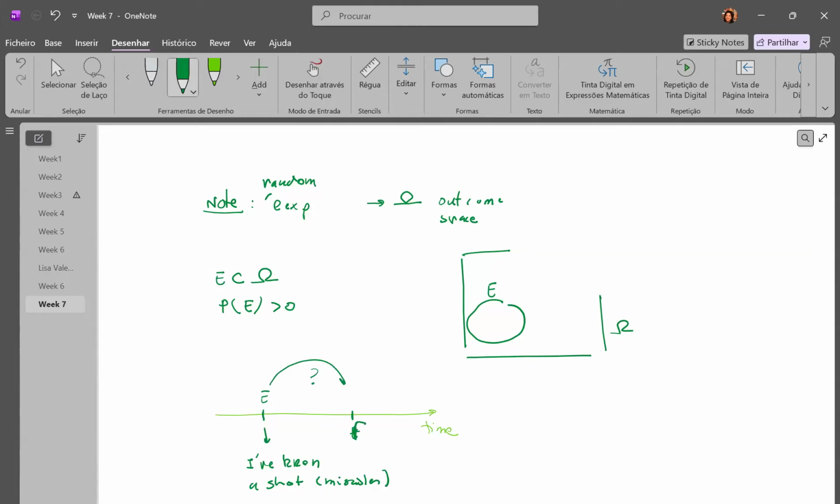So it is another event, okay? This is called the conditional probability, and we write it like this. I want to know the probability of F occurring, knowing, this is a vertical bar, and it states that we know already that the event I'm writing on the right has occurred, okay?